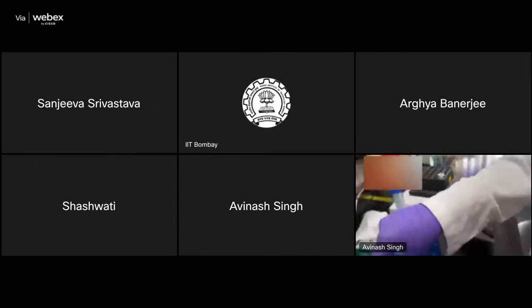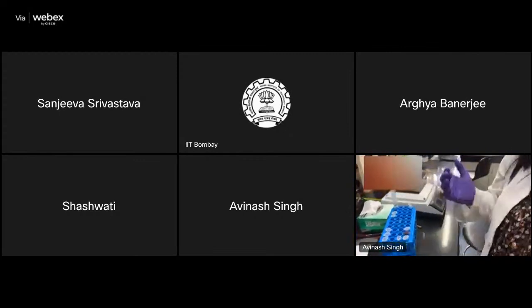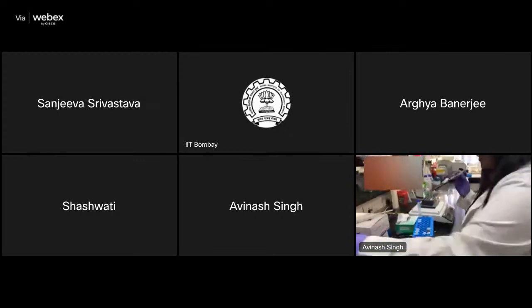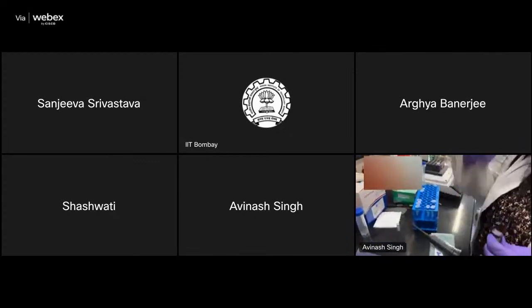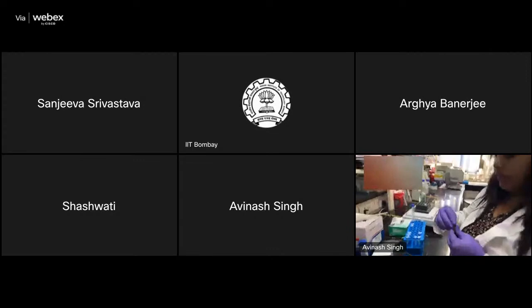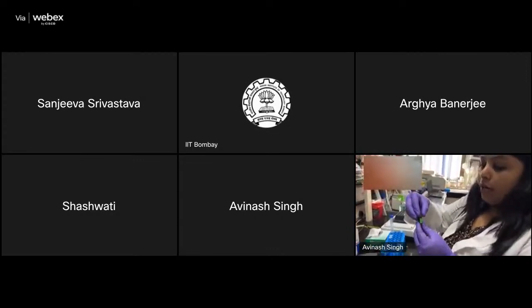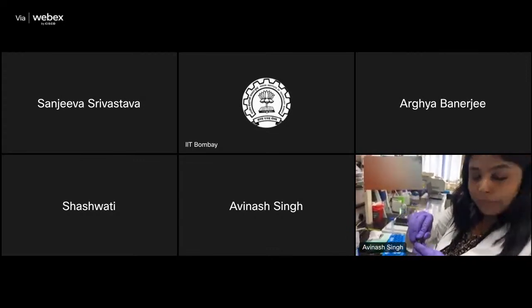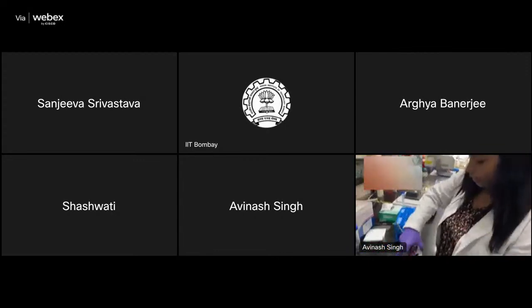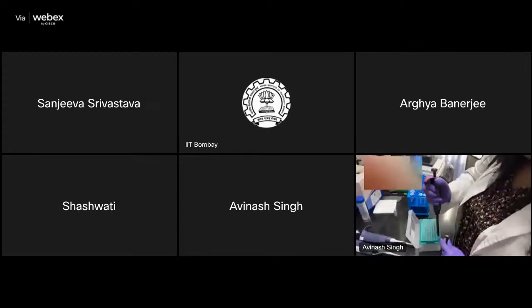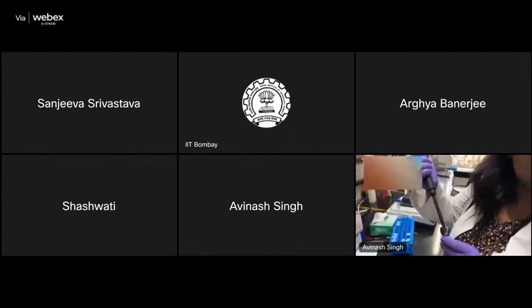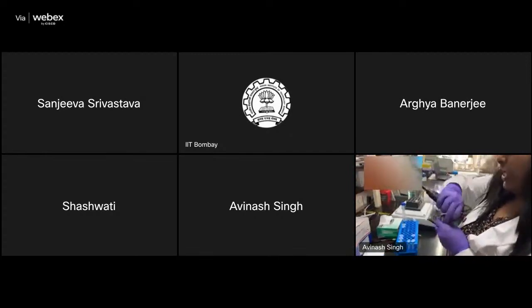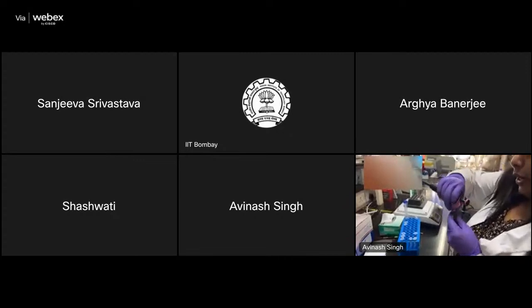Once that is done, the next step will be the alkylation. Why is the alkylation step necessary? Because the disulfide bonds that have been broken should not reform. So we will use iodoacetamide for the alkylation process. We will add the iodoacetamide to the sample, and all these steps are the preparatory steps for the protein digestion.